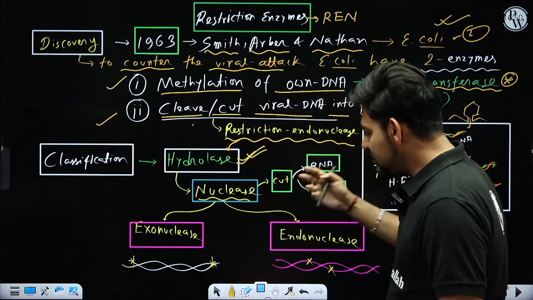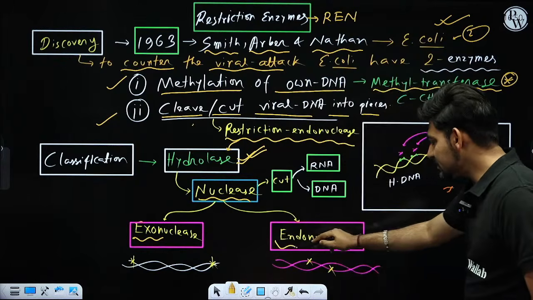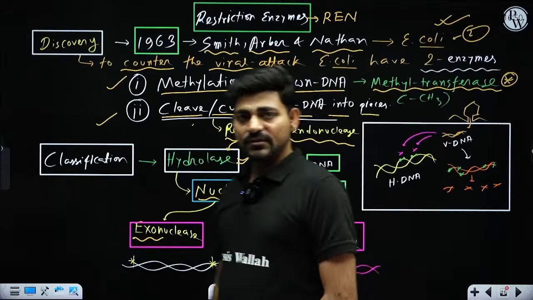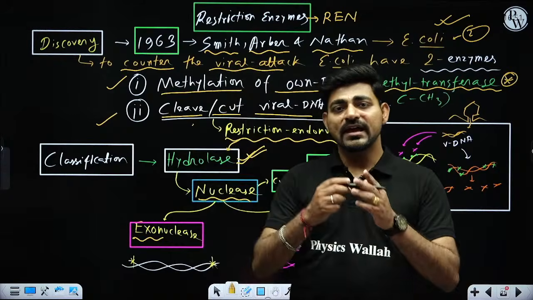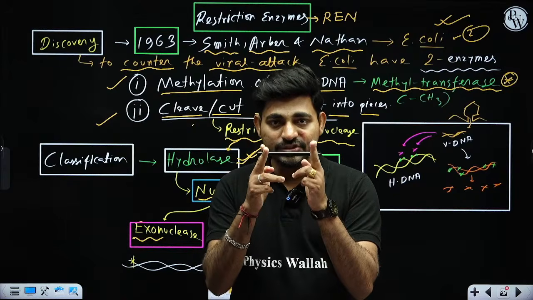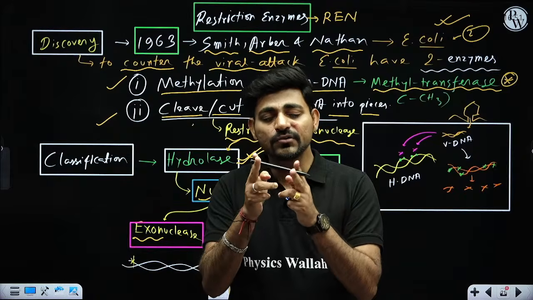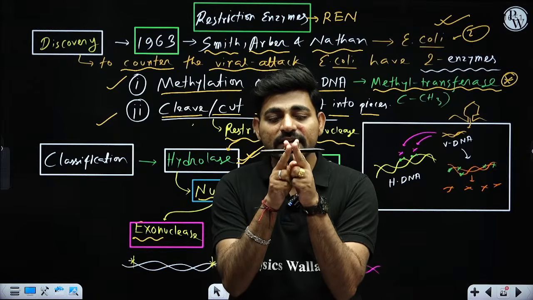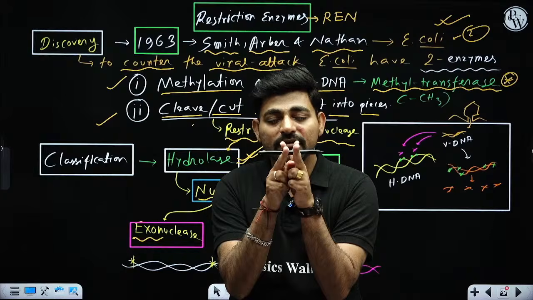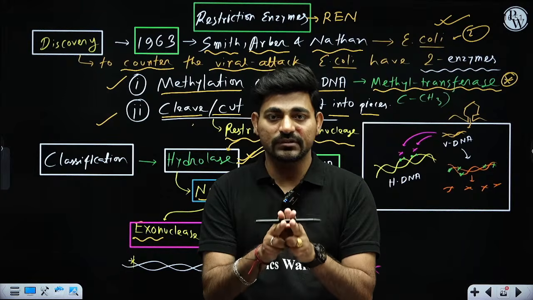Now this nuclease enzyme can be of two types, exonuclease and endonuclease. What is the difference? Exonuclease enzyme will cut DNA from the edges, from outside, and the endonuclease will be cutting the DNA from inside. So that's why we are calling them endonuclease.